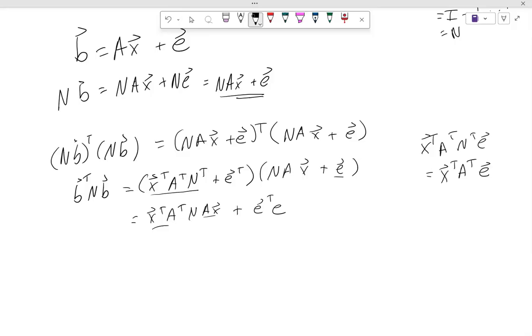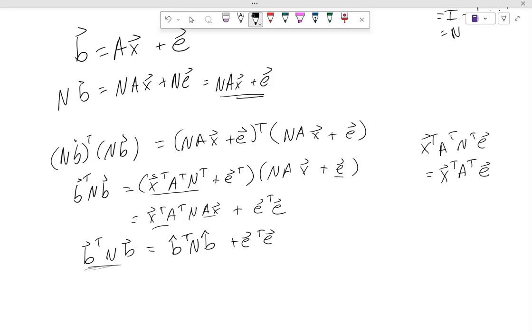The AX was the projection once you find your least squares solution. So just to call it consistent with the B's, I'm going to write this as B hat transpose B hat, and then E transpose E. Okay.